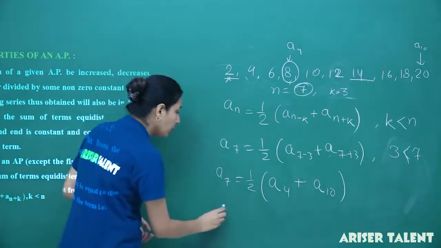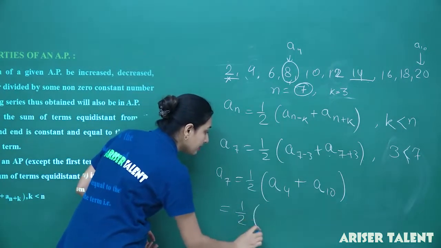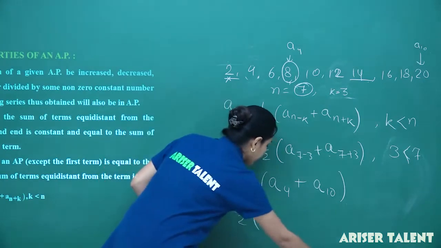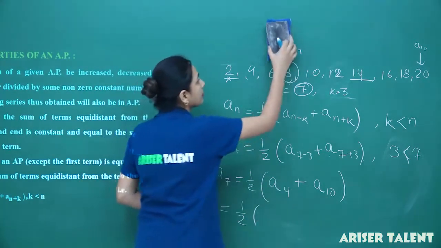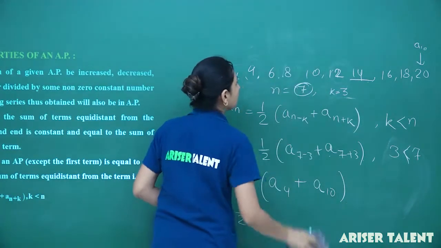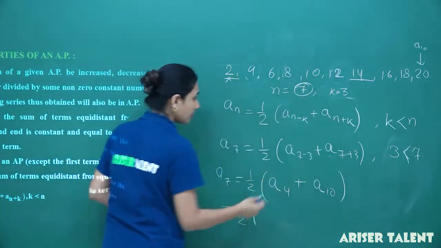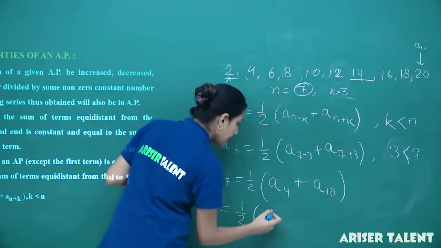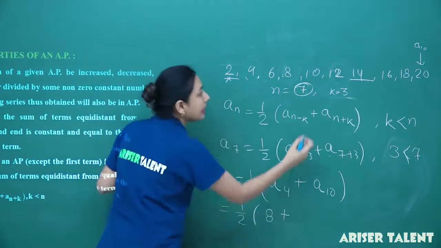Okay, so let's calculate this. A4 is 1, 2, 3, 4, which is 8, plus A10.